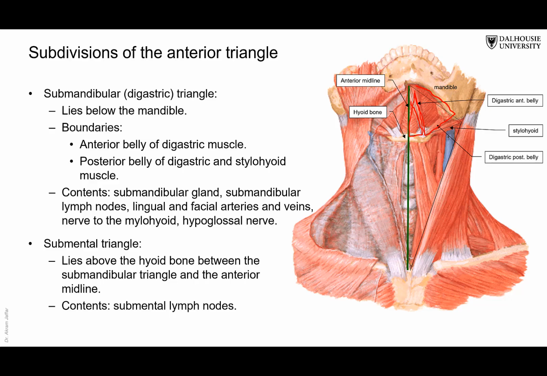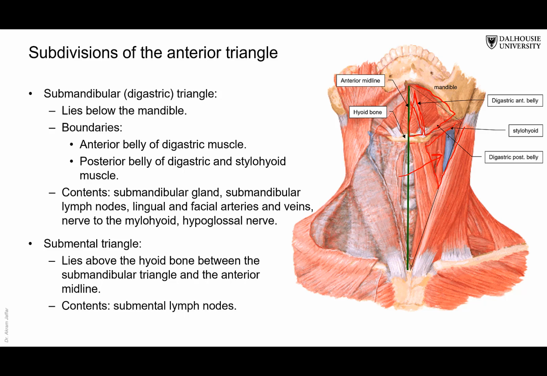And then here on the side is the carotid triangle. Obviously, it is called carotid because it contains the carotid vessels, the common carotid artery and its bifurcation, as well as the internal jugular vein and the vagus nerve, and they are all surrounded by the carotid sheath.